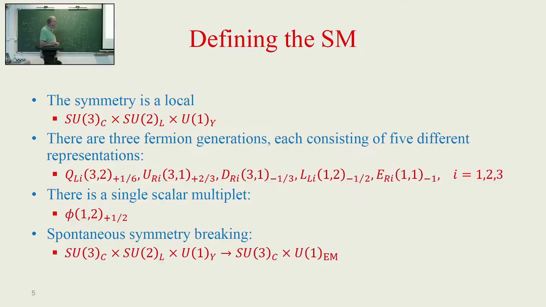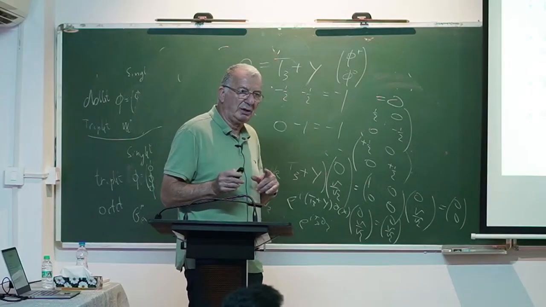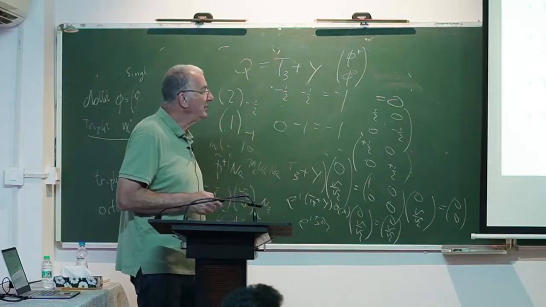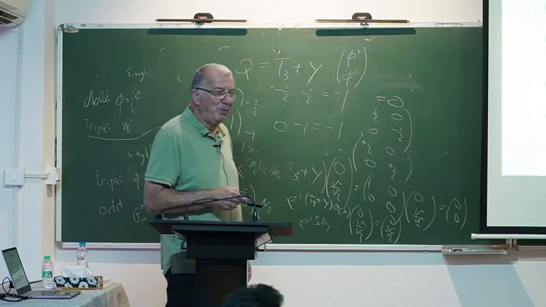So if U right is a right-handed field, a triplet of SU(3) color, a singlet of SU(2) left, carrying hypercharge plus 2/3, the model necessarily includes the CP conjugate of this, which you can write as overline on the U right, or U bar left.